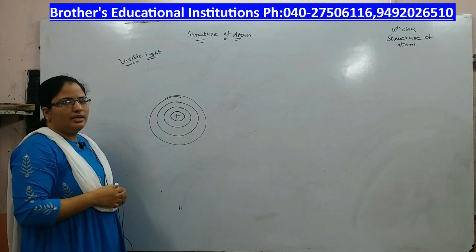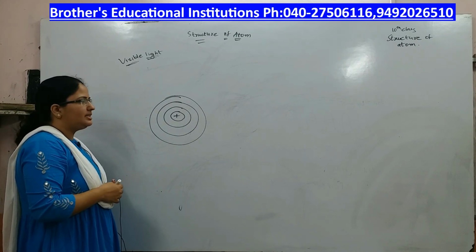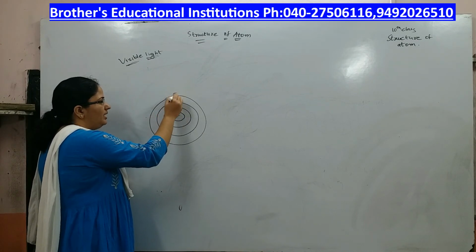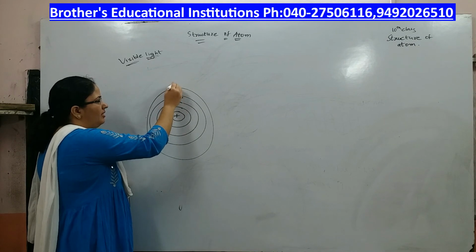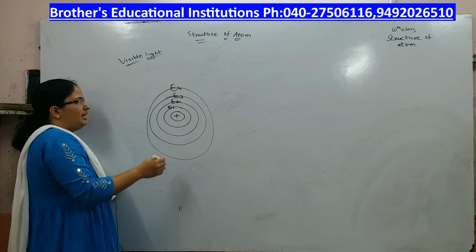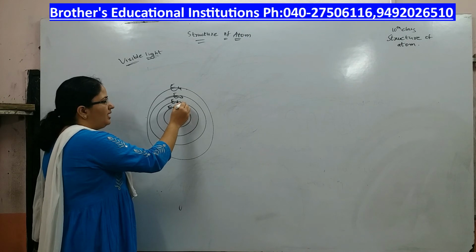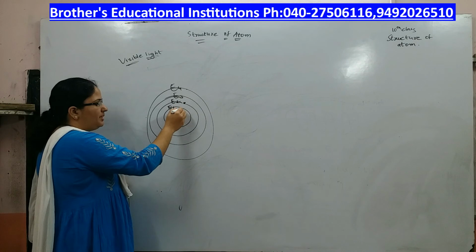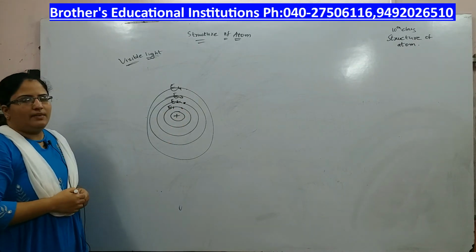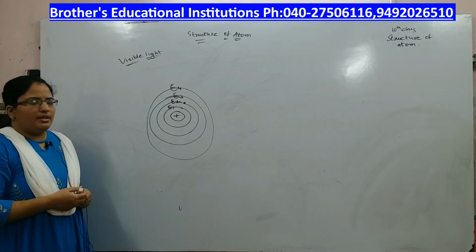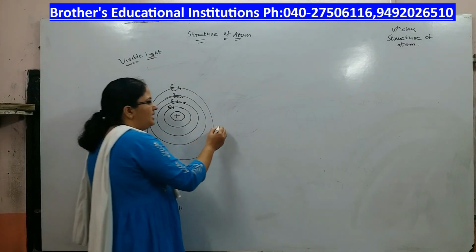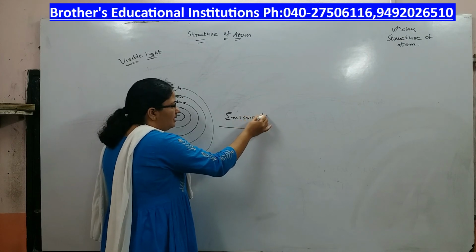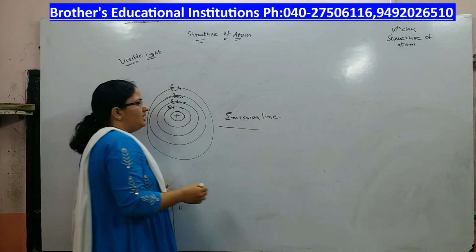These are called stationary orbits or stationary shells. Each orbit has a specific energy E1, E2, E3, E4 and so on. Whenever an electron jumps from a lower energy orbit to a higher energy orbit, it absorbs energy. Whenever an electron jumps from a higher energy orbit to a lower energy orbit, it gives out energy. That energy can be seen as an emission line.